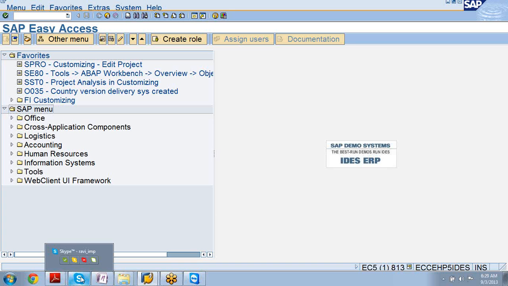First, control data. Second, master data. Third, transaction data.